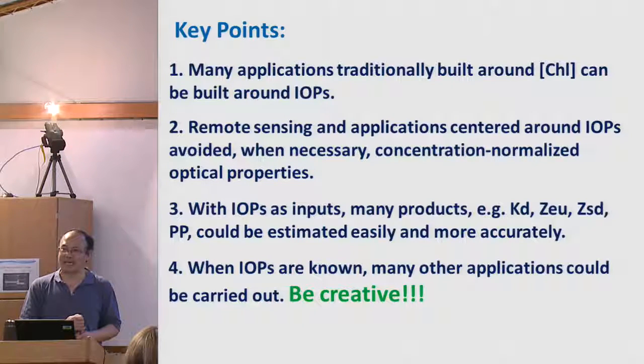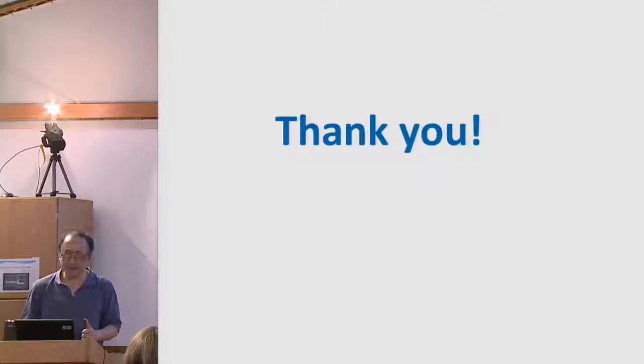What's the slogan? Sky's the limit. It's the same thing. Sky's the limit. Just be creative. Think about the applications, especially when it's related to the environment. Okay, I guess I will stop here. If you have any comments or questions, we can continue the discussion.